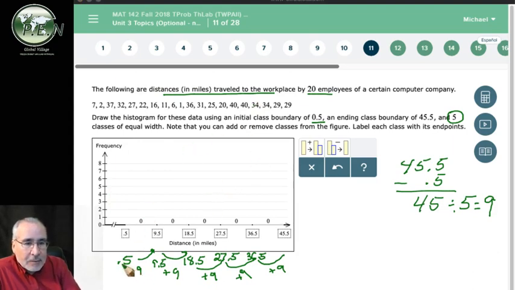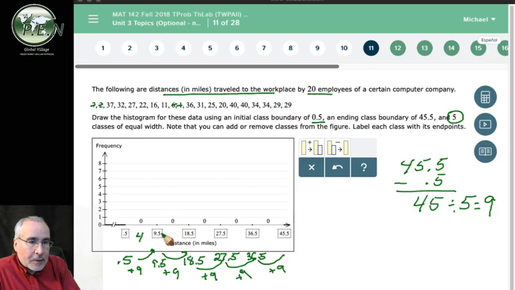So what's between 0.5 and 9.5? That's all the numbers basically below, and these don't have the 0.5, so we're really looking at 0 to 9. We have 1, 2, 3, 4 that are between 0 and 9.